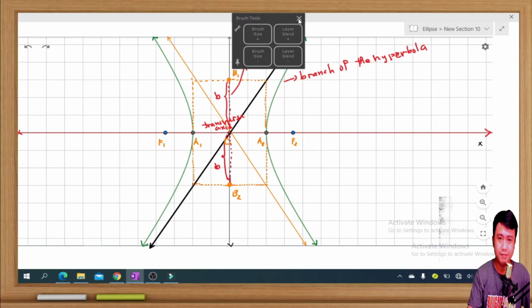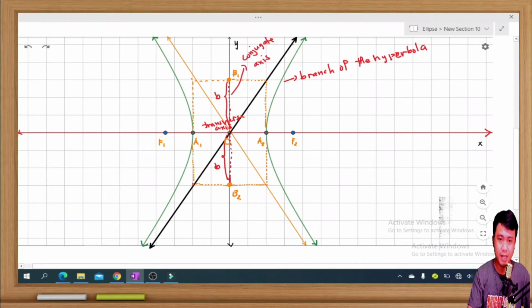Ganon din doon sa isa. Corner dyan, and then dadaan sa center. And so we have the what we call asymptotes. So itong mga ito are what we call asymptotes of the hyperbola. And okay, so I hope very clear po yung mga parts ng ating hyperbola. I think wala naman na tayong nakalimutan.